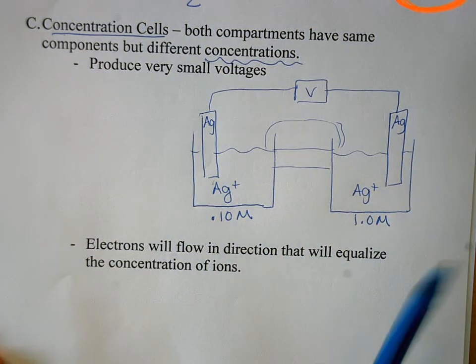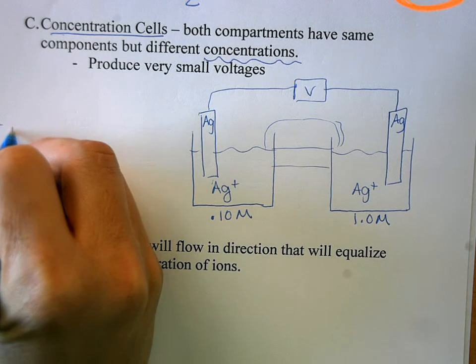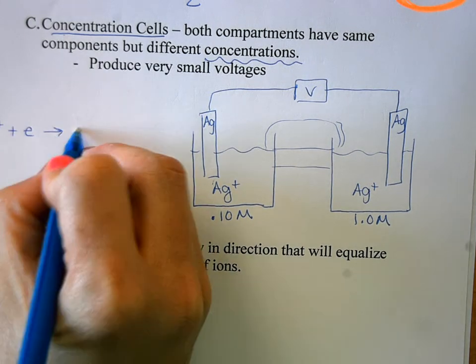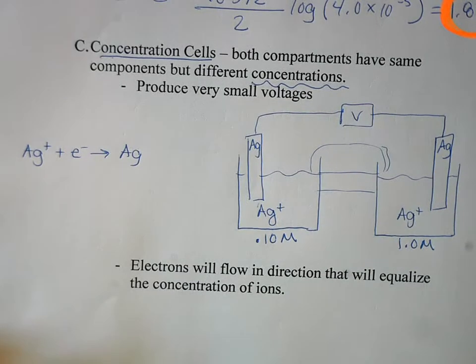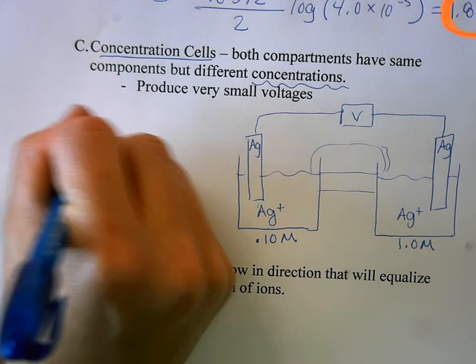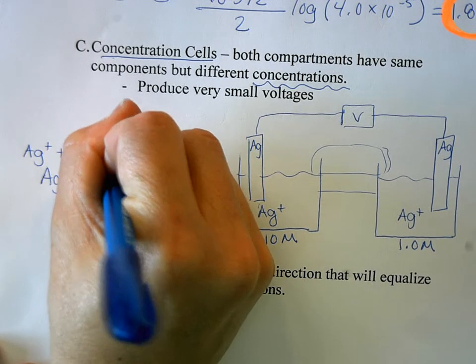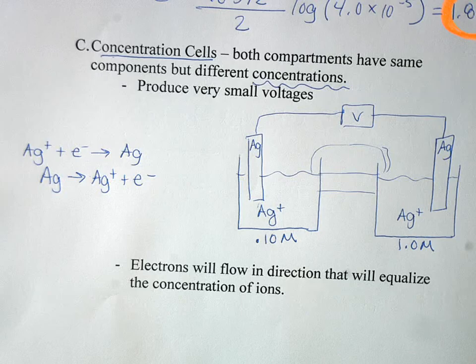So in one of these cells, I'm going to have silver ions plus an electron giving me silver. In the other one, it's going to be the opposite. I'm going to have my silver turning into silver ions plus electrons.